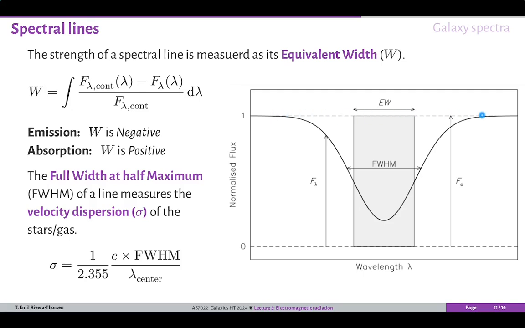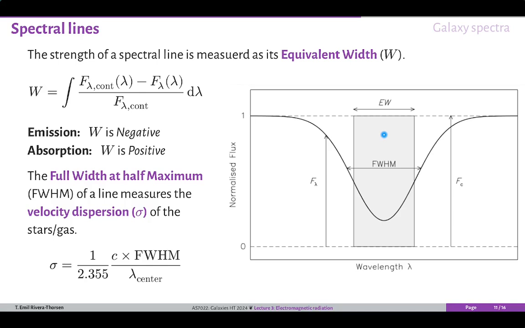If we have the area between the continuum and the line, and we construct a rectangle of the same area that goes from the continuum down to 0, that is its height, then how wide would that rectangle be? That is called the equivalent width of the spectral line. We can do this both for emission and for absorption lines.